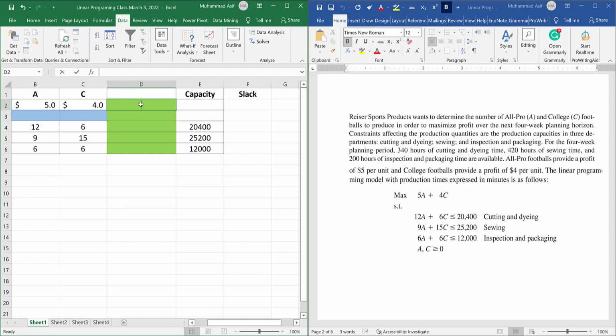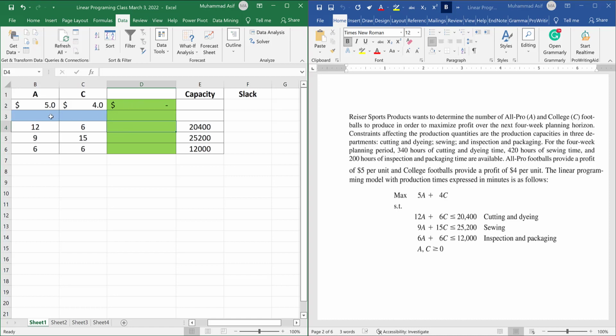In the blue cells we want our values to appear, which means the optimum number of football A and the number of football C that will maximize our profit, and our total profit will be equal to the number of A type football multiplied by the profit that comes from A football plus the number of C football multiplied by the profit from C football. That's our objective function, and of course nothing appears here because these cells are blank.